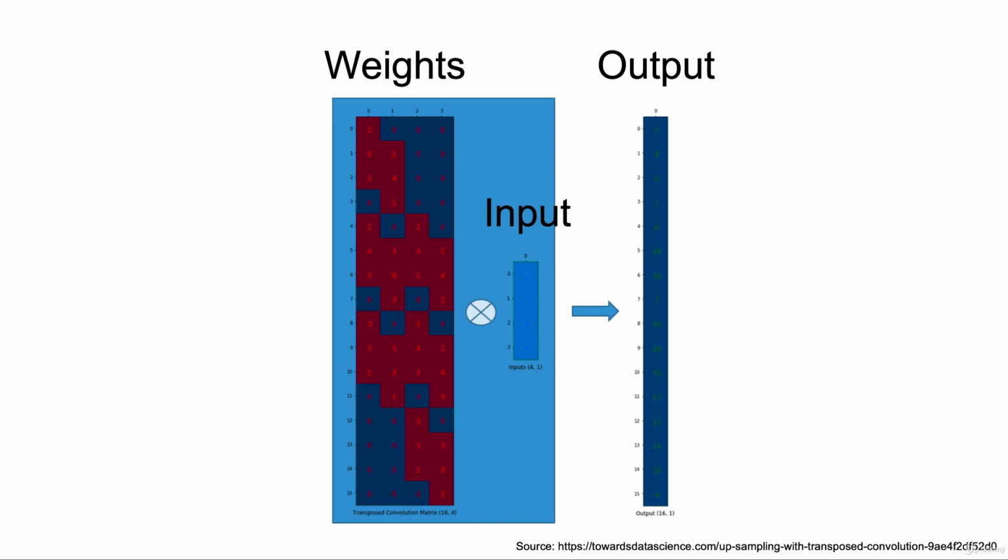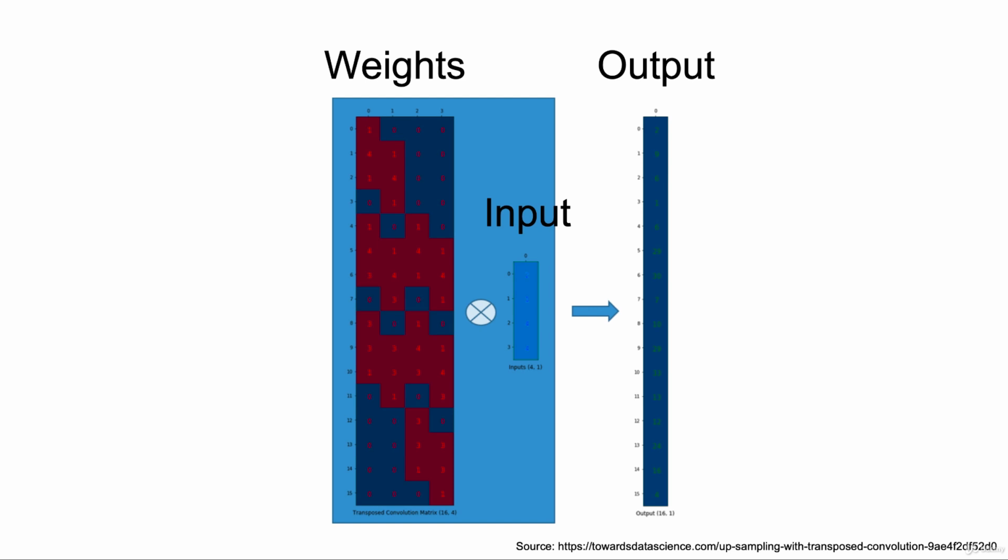Now, what we can do is just transpose this convolution. We transpose the convolution matrix, and for the small input of size 4 by 1, we obtain the big output 16 by 1, which we can then transform to an image 4 by 4.